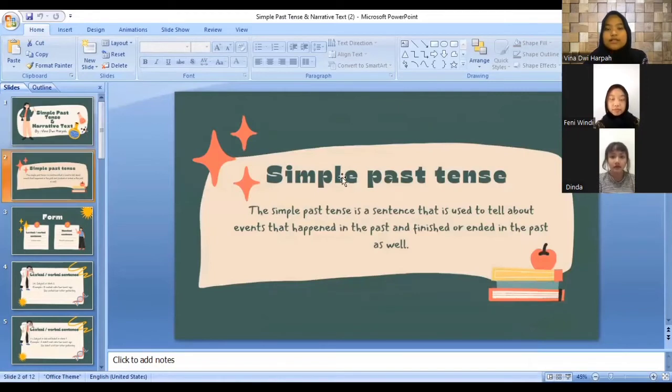So simple past tense is a sentence that is used to tell about events that happened in the past and finished or ended in the past as well. So if you do something in the past and it finished in the past and you tell it now, you can use simple past tense.